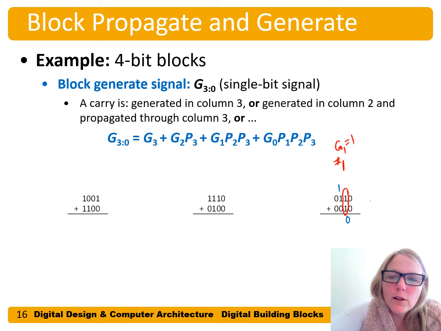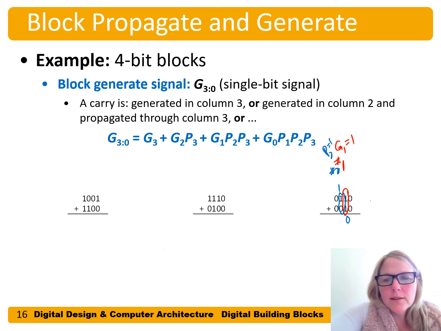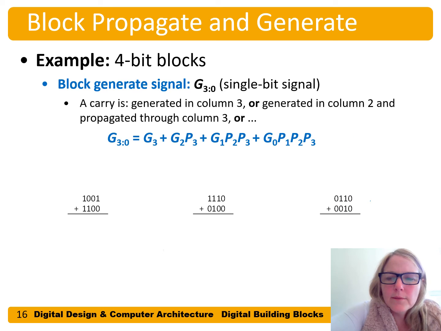And for column 2, P sub 2 is equal to 1. Cool. Right, we see P sub 2 is equal to 1 because A sub 2 or B sub 2 is 1. And here we have P sub 2 is equal to 1. Cool. So it's going to propagate that carry that came in from column 1.